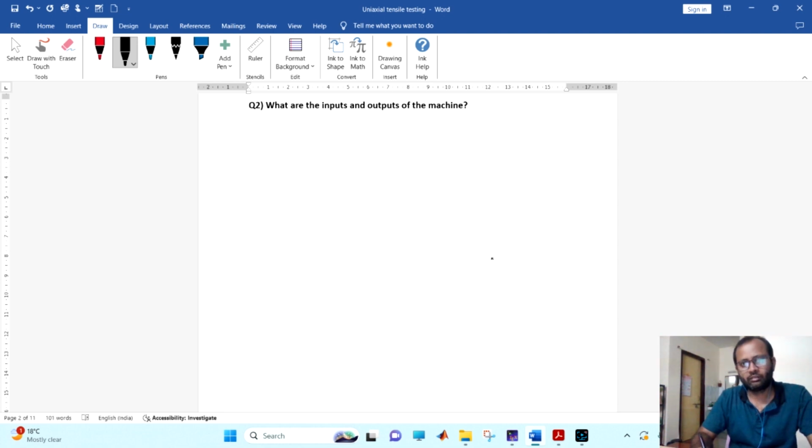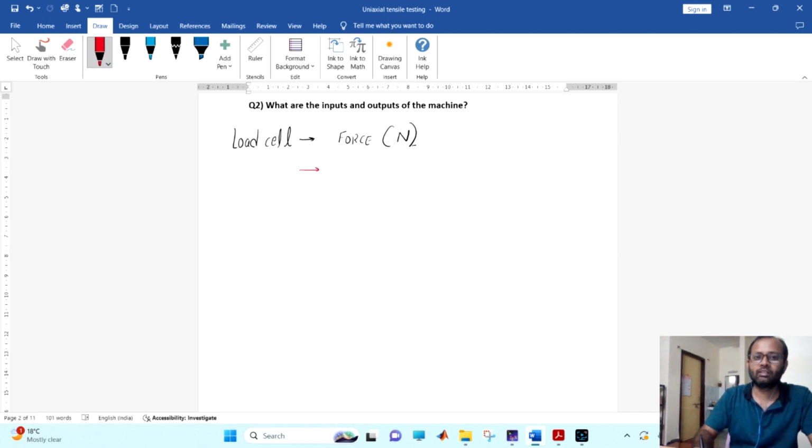Now the input and output of the machine: with the help of the load cell, we are measuring the load, and the crosshead displacement gives us the displacement or elongation. So the load cell is providing us the force, and the crosshead is providing us the displacement.